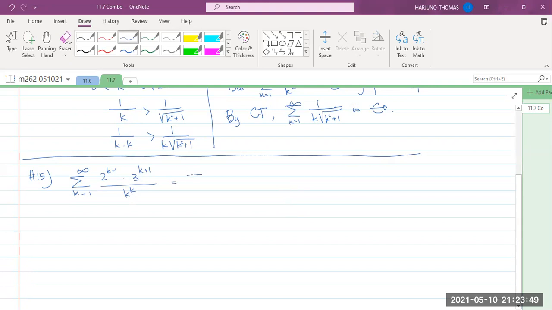So this will be the series k equals 1 to infinity of 2 to the k over 2, times 3 times 3 to the k, over k to the k. Right? Which is equal to the series from k equals 1 to infinity of 3 over 2 times the quantity 6 over k to the k. I can factor 3/2 out, and then from there I will use the root test.